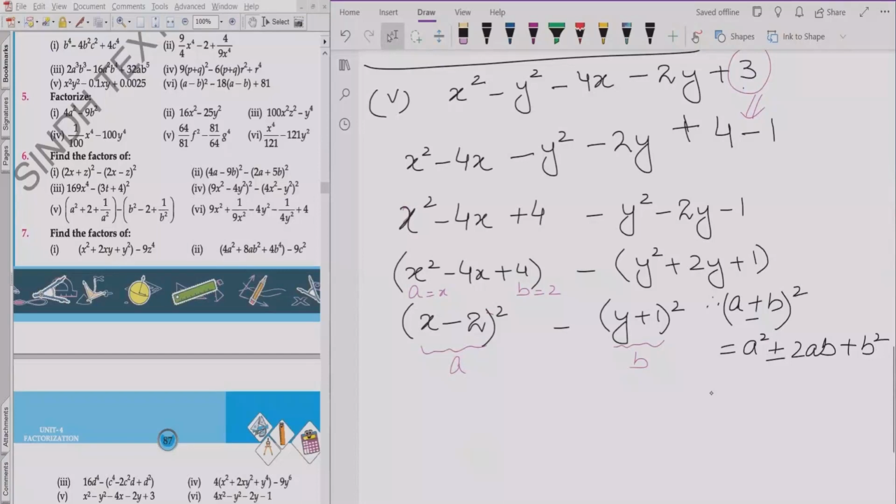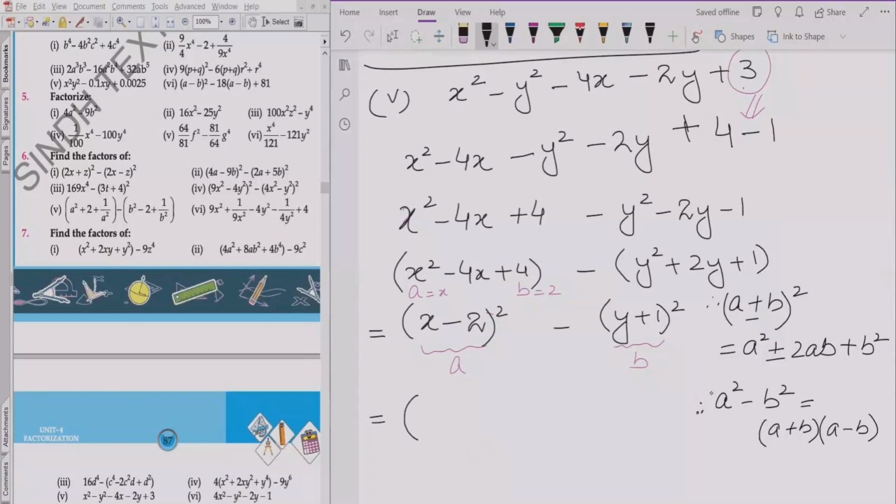So now we can apply the difference of two squares formula. What is the difference of two squares formula? a square minus b square is equal to a plus b multiplied by a minus b.